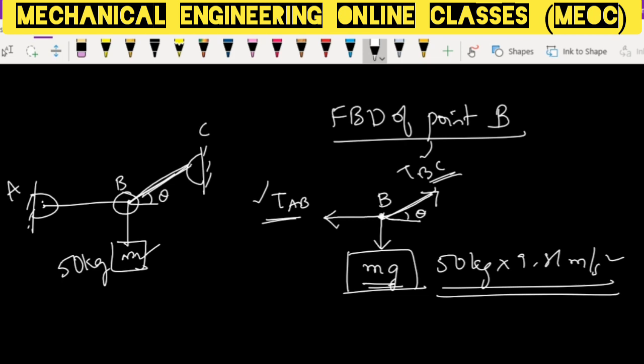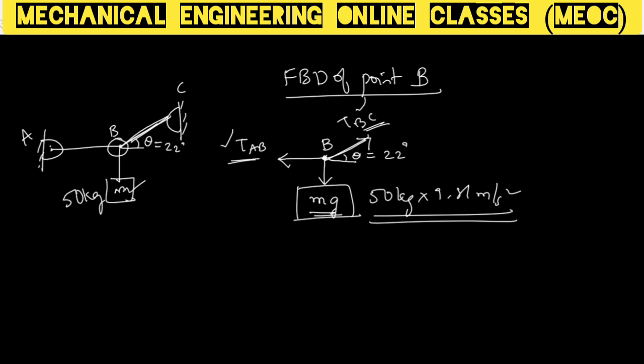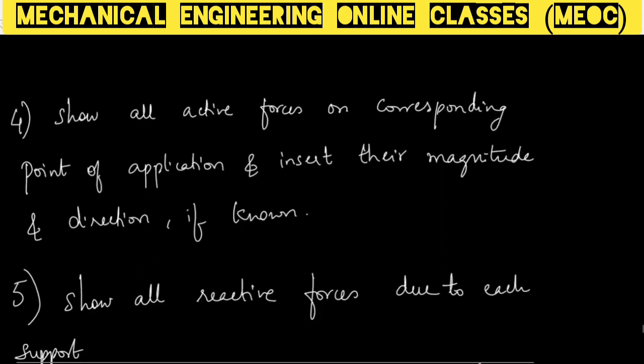We know exactly that they are away from point B, so the direction must be as it should be, and because TBC is at theta from horizontal, that theta should be shown as it is. If this theta is say 22 degrees, then here also we must take only 22 degrees. So all the data that are known to us must be kept as it is.